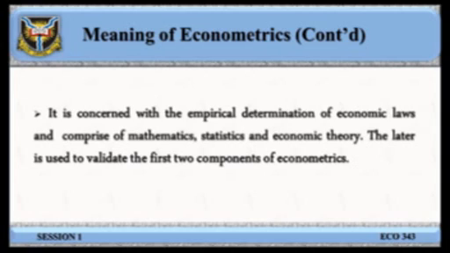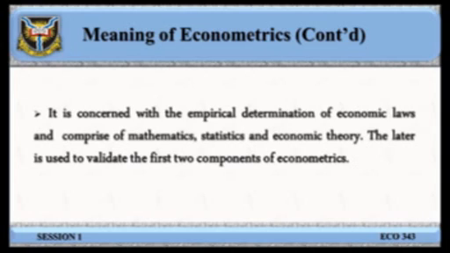The study of econometrics is concerned with the empirical determination of economic laws. Econometrics comprises mathematics, statistics, and economic theory. The latter is used to validate the first two components of econometrics.